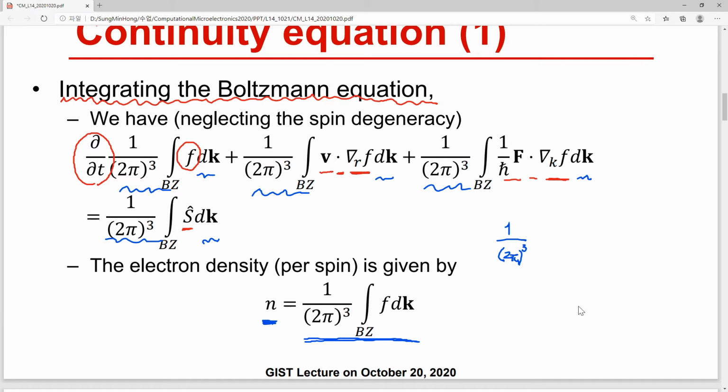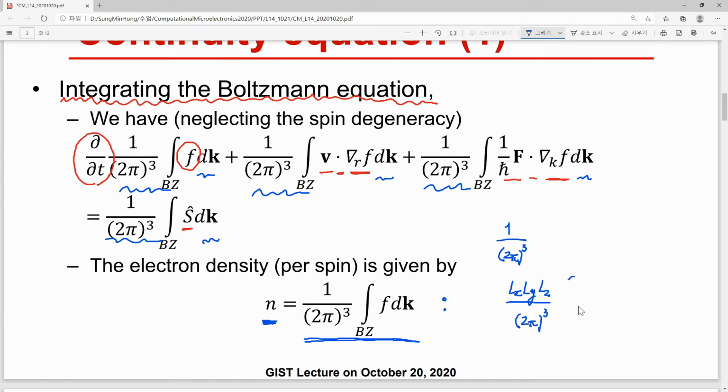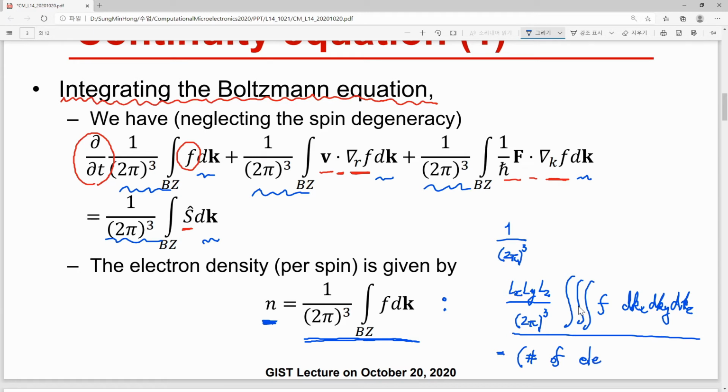So do you remember? How about this? If we calculate Lx, Ly, Lz over 2 pi cubed and integrate over dkx, dky, dkz, then it will give us the total number of electrons.